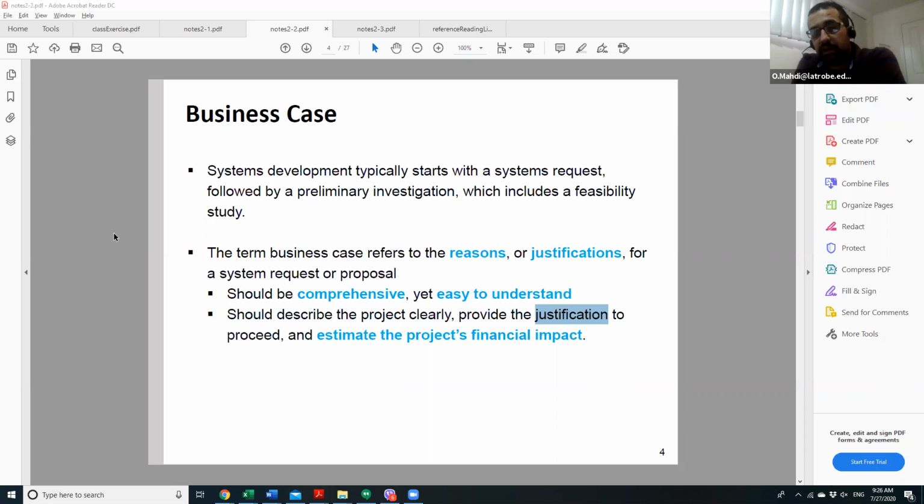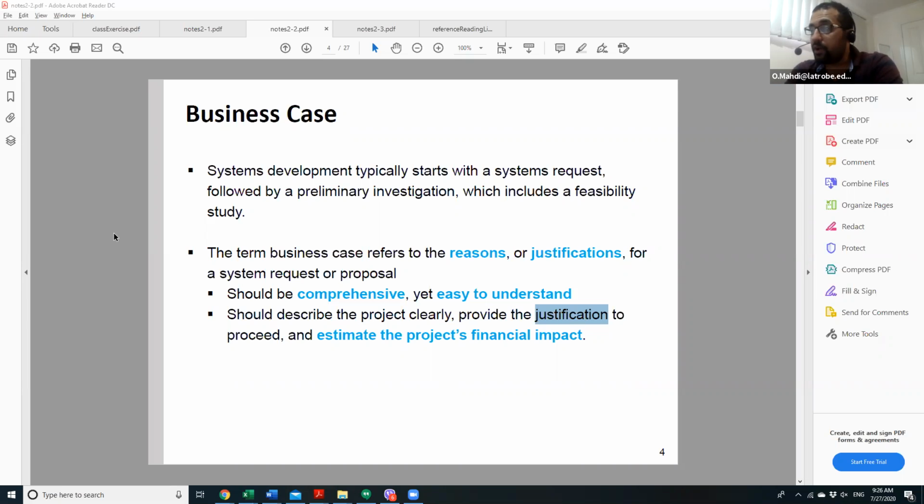All right, so imagine you are now students at Latrobe University, right? And let's say you have been using the LMS for a year.